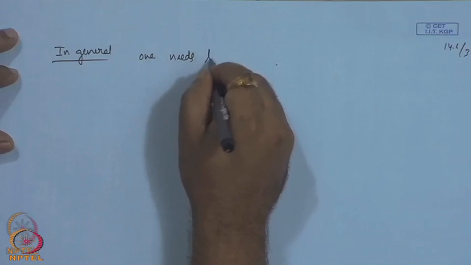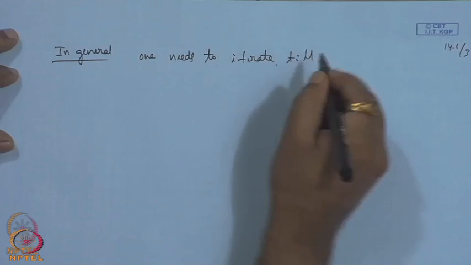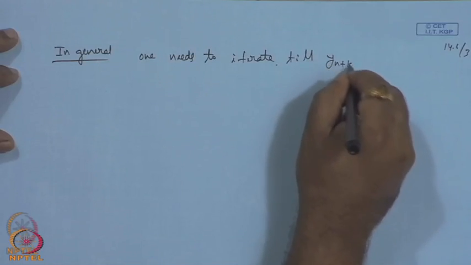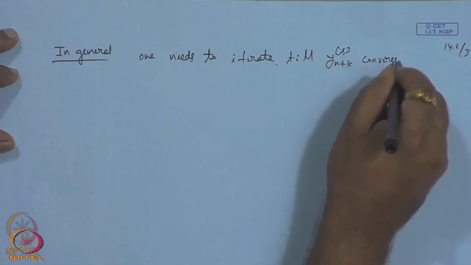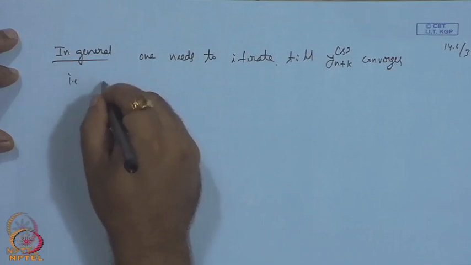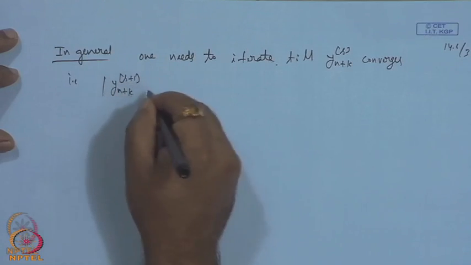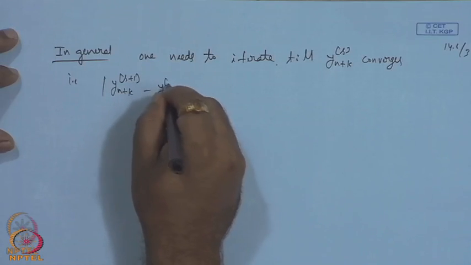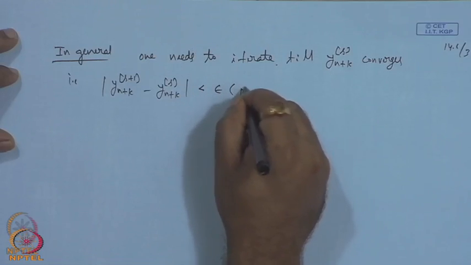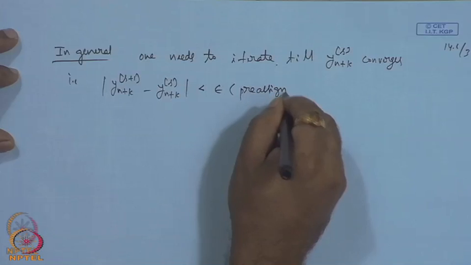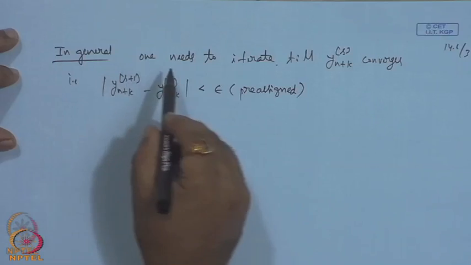In general, one needs to iterate till y n plus k s converges, that is, the difference between two consecutive iterates is less than epsilon, which is pre-assigned.